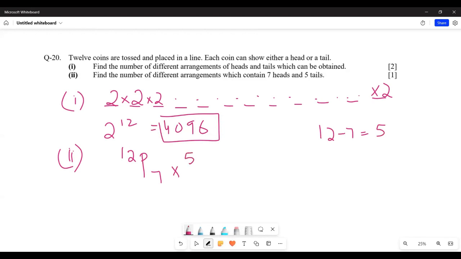So out of the remaining 5, all 5 need to be tail. And divided by repetitions. What are the repetitions? 7 heads, so 7 factorial or 7P7, times 5 tails, 5 factorial or 5P5. This gives 792.